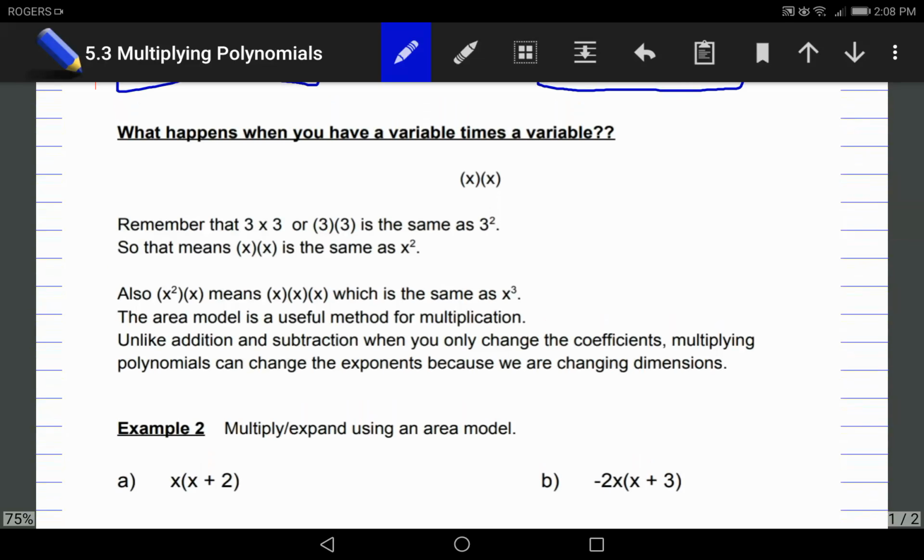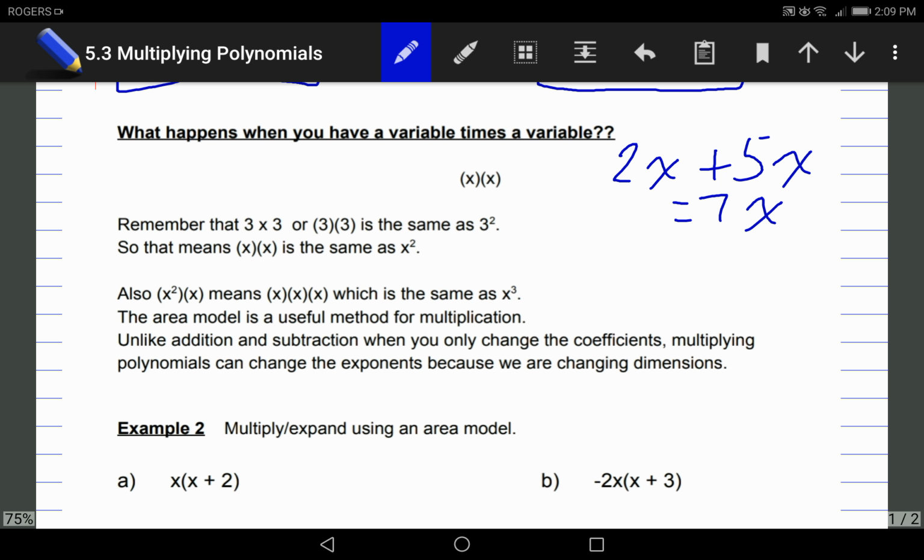Okay, so we know now that when you are collecting like terms, you have to have like terms to add and subtract terms together. Meaning if you're going to add terms together, they would both have to have an x, for example, and then you can add them, and that would be 7x. This is not the case when you're multiplying.